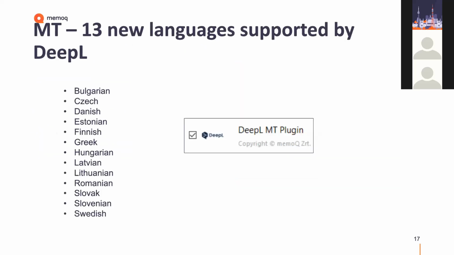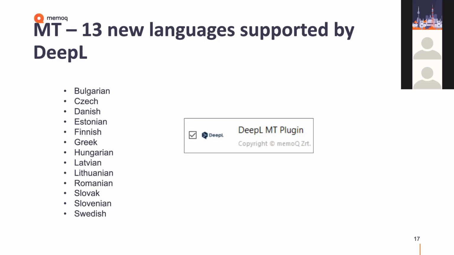Moving on, this is not something that we've developed, I'm just the messenger bringing you some good news that DeepL, as of, I believe, mid-March, has been supporting 13 new languages, European languages. Here's the list.